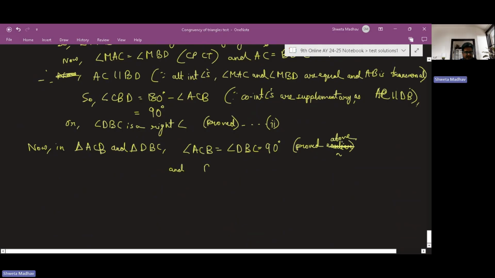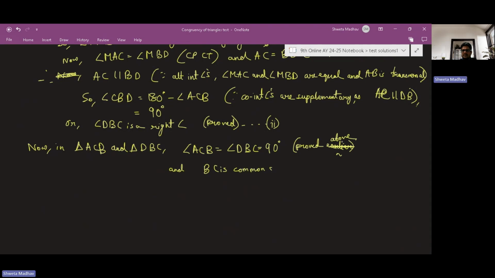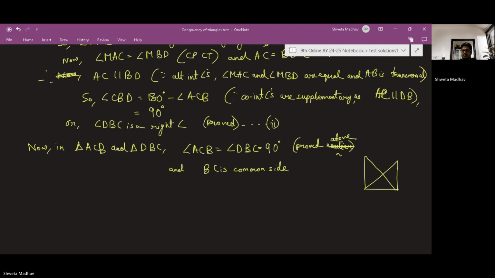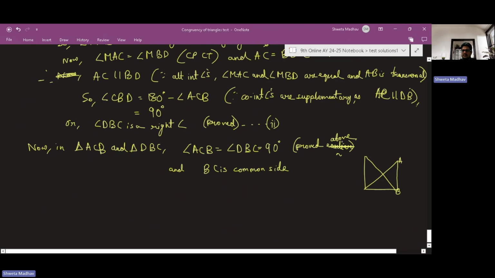And you can say that BC is the common side. The figure was like this: A, B, C, and this is D.